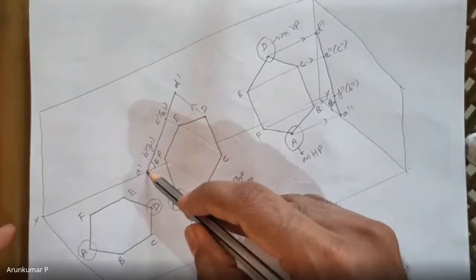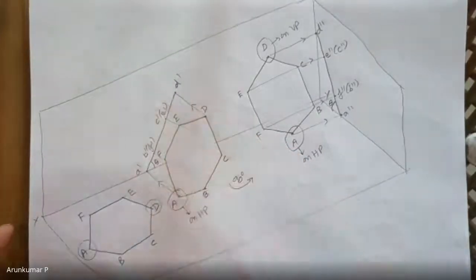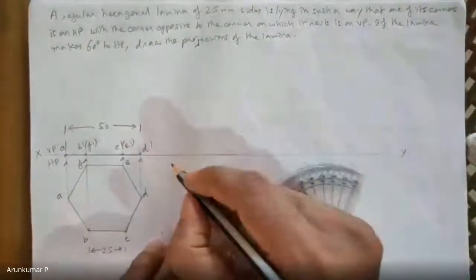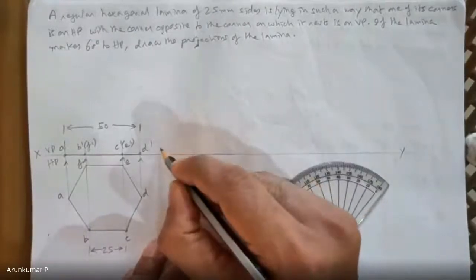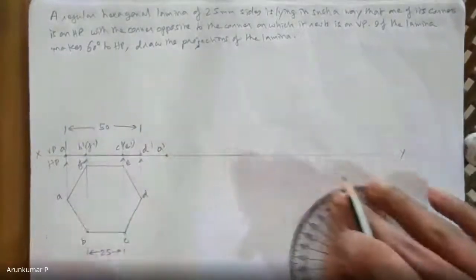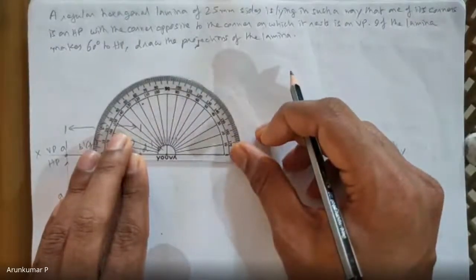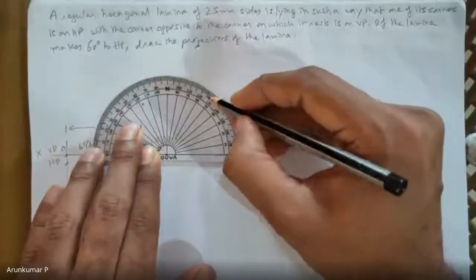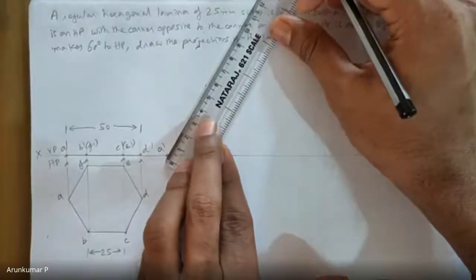So you have to keep A dash on XY line and incline the front view by angle theta, which in this case is 60 degrees. So first mark A dash on XY line, mark the 60-degree angle, and place the 50 mm line on the 60-degree angle.